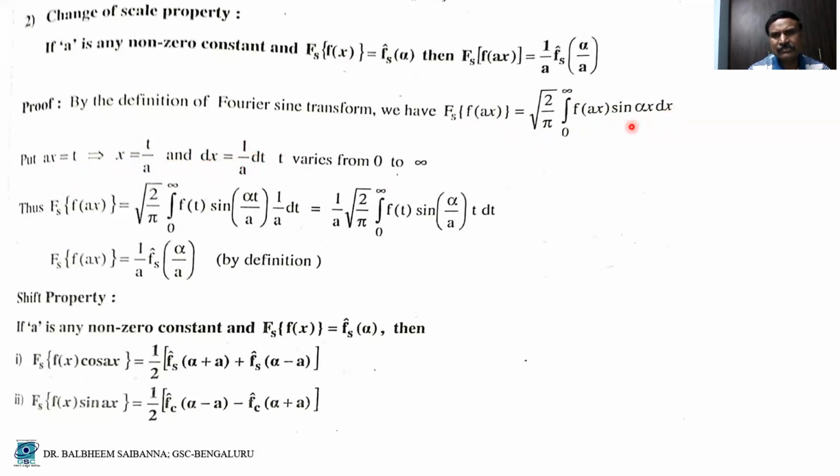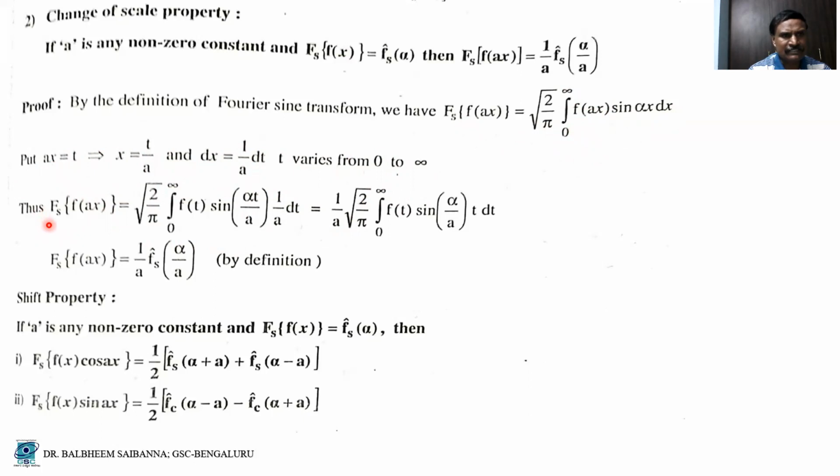Here x varies from 0 to infinity. Now we are changing the variable x to t, then t also varies from 0 to infinity. That is, when x is equal to 0, t is also 0, and when x is equal to infinity, t is also infinity.